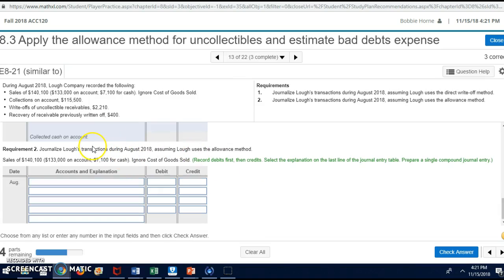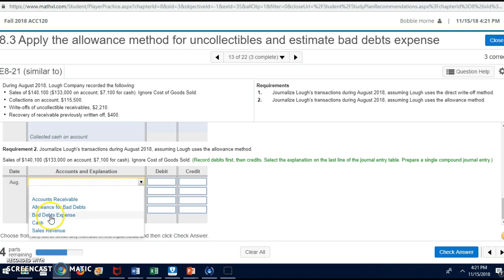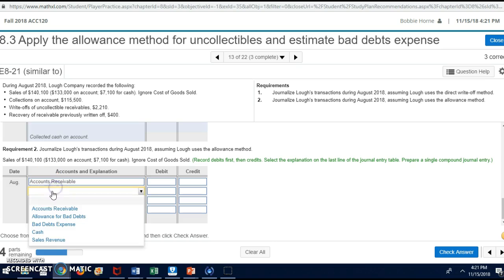Now for requirement 2, the first entry will still be the same.